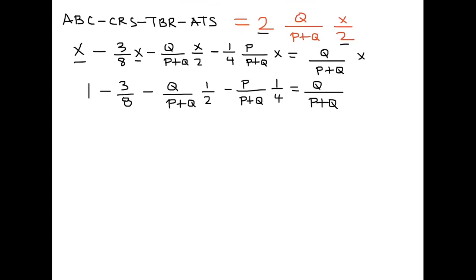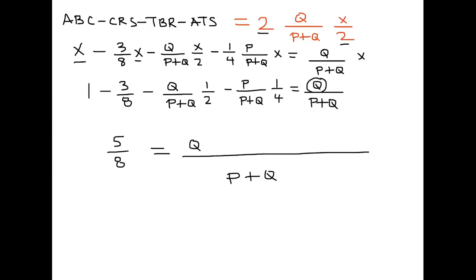So now we've got to do some algebra here. So we've got 5/8 is equal to, looks like there's a common denominator of P plus Q, so that helps. We've got Q from here, plus Q over a half from this one, plus P and a quarter from this one.